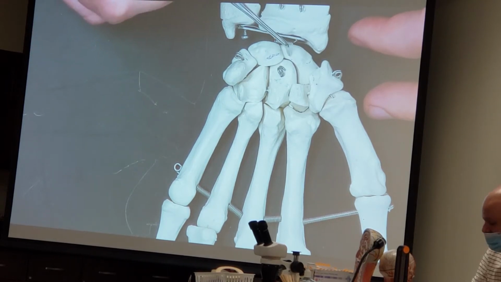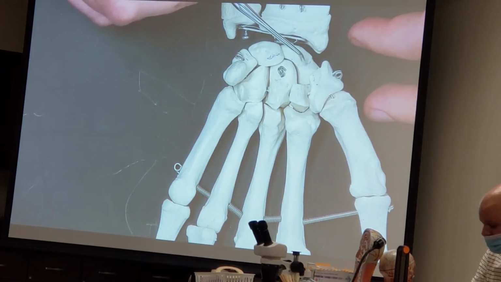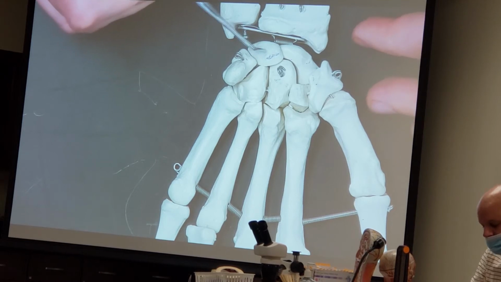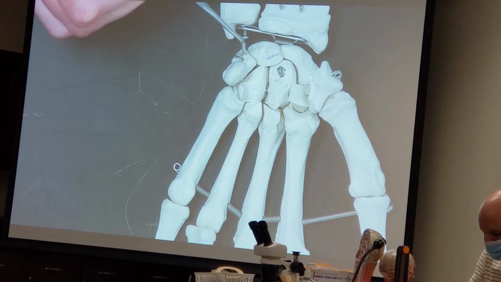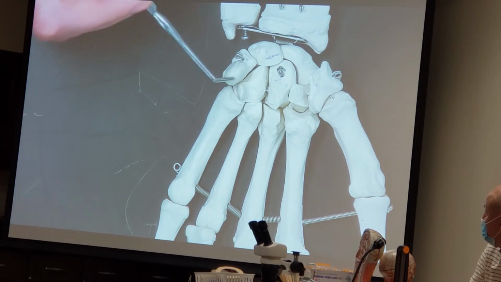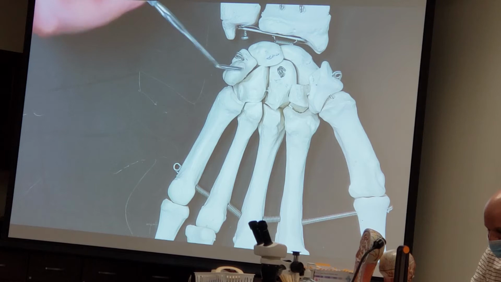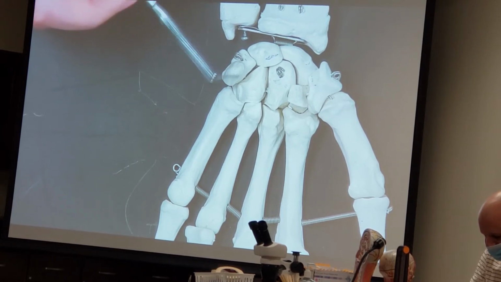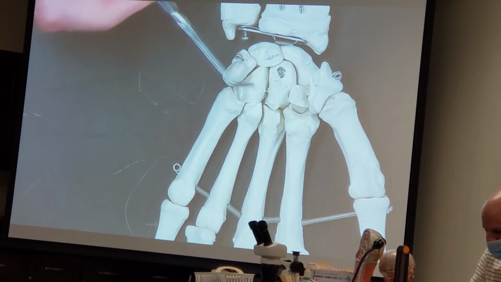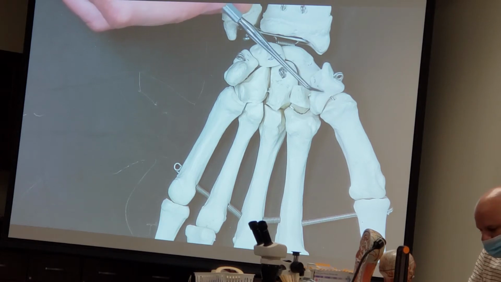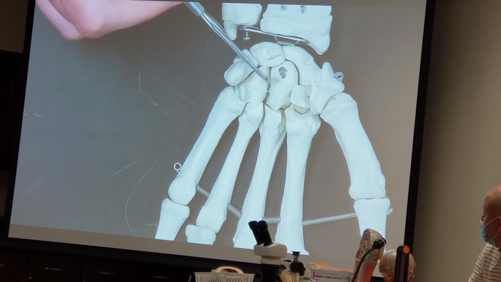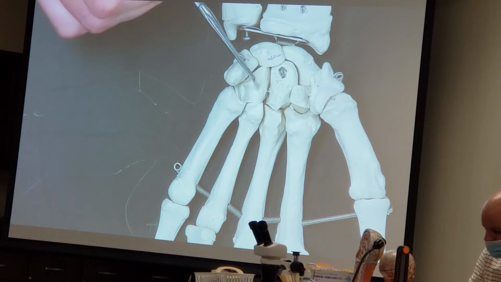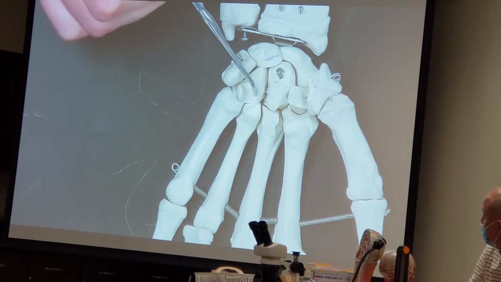So scaphoid, say, loudly, lunate, to triquetrum, Pan, pisiform, which is on top of triquetrum here. Time, trapezium, to trapezoid, come, capitate, and home, hamate.